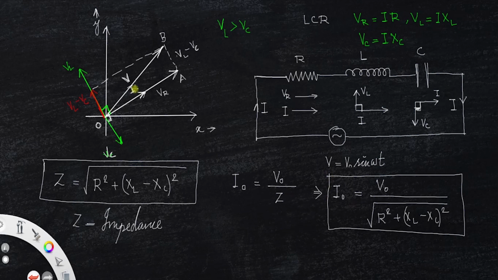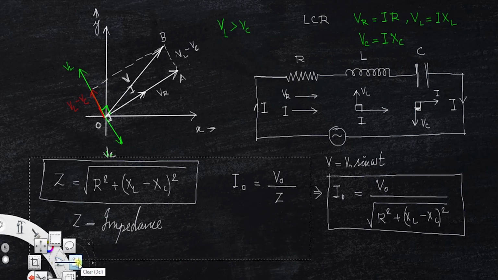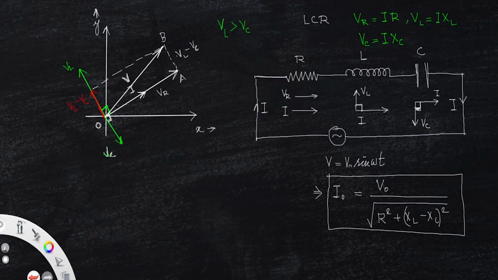Now this portion you have to listen carefully, otherwise you will get confused. See, here in this case we took VL greater than VC, so that this is our resultant.